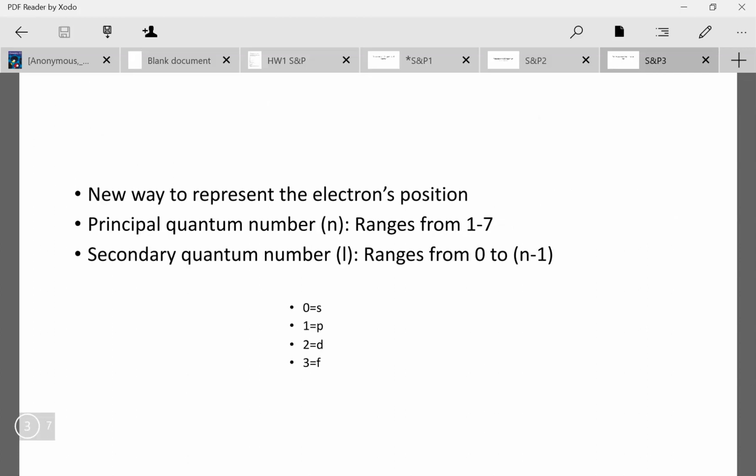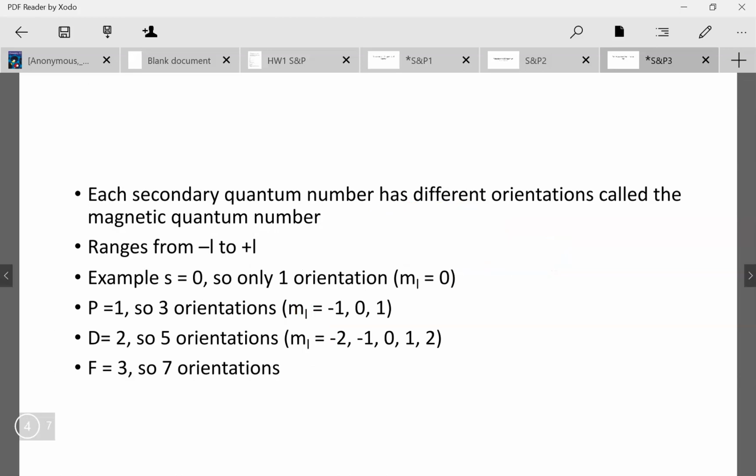The only thing you need to know about quantum theory is that it now has 4 quantum numbers that describe where the electron is. Principal quantum number ranges from 1 to 7. Secondary quantum number ranges from 0 to n minus 1. We use s, p, d, f to denote 0 and up: secondary quantum number 0 corresponds to s, 1 corresponds to p, etc.